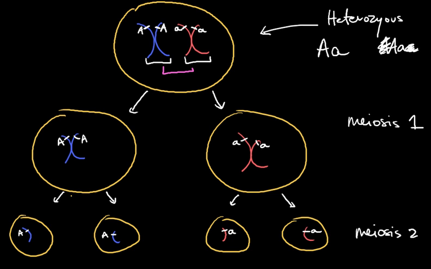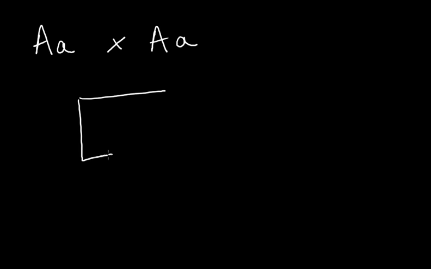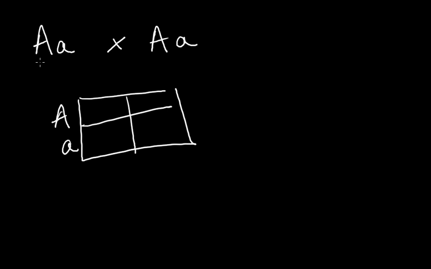So we go ahead and scratch them out, and let's say that I'm going to open up a new slide here. Let's take that heterozygous individual and cross that person with another heterozygous individual. What we're doing here is actually taking one of the, let's say this individual is the male and this is the female.